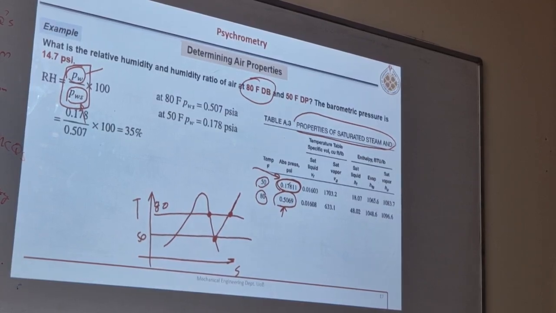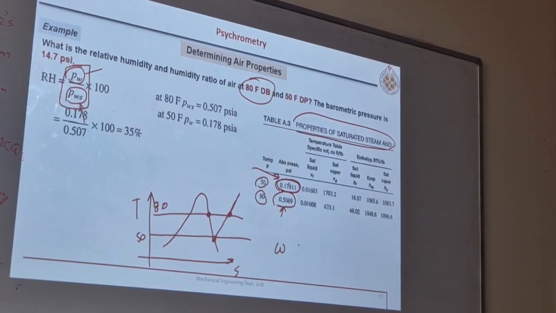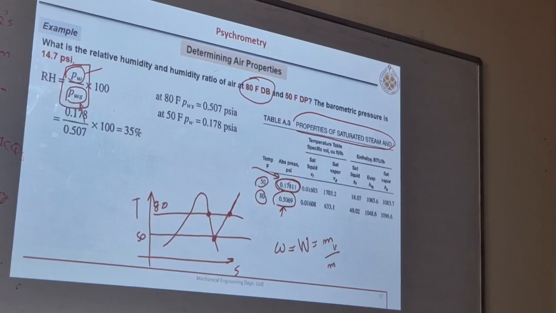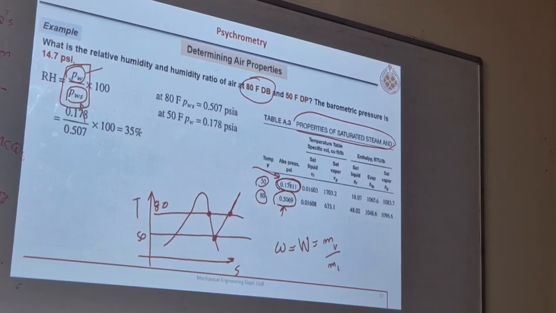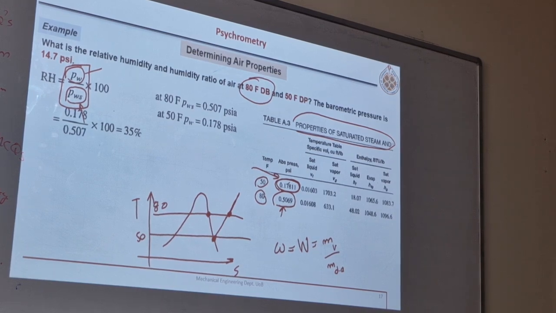Second, how to find out specific humidity. Specific humidity we represent with humidity ratio, omega or W. The general definition is mass of vapor divided by mass of dry air, the amount of water vapor per unit mass of dry air.